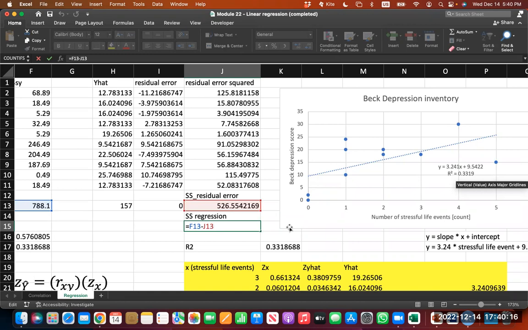Can you say it again? Sure. We're quantifying the total variability by calculating a difference of each individual observation from the mean. The mean being a flat line that represents the mean of y. You're getting the sum of squares, just as we always did when we calculate standard deviation or variance.